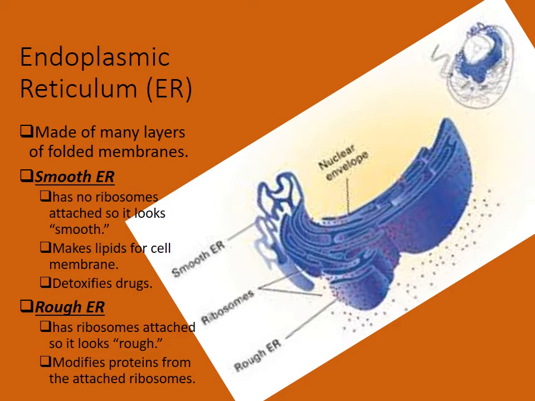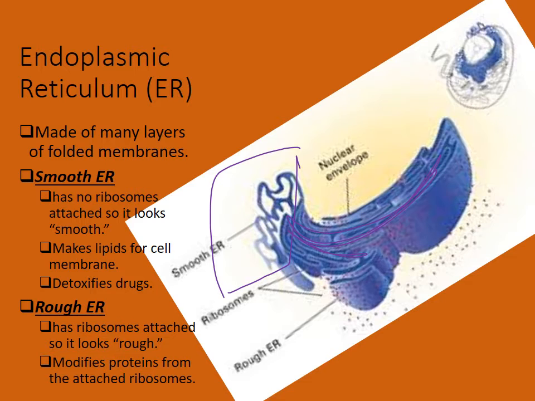The endoplasmic reticulum, also shortened as ER, is made up of many layers of folded membranes, these little intricate folds that you see. It is divided into two parts: the smooth ER and the rough ER. The smooth ER is smooth because it does not have any ribosomes attached to it. The job of the smooth ER is to make lipids for the cell membrane.